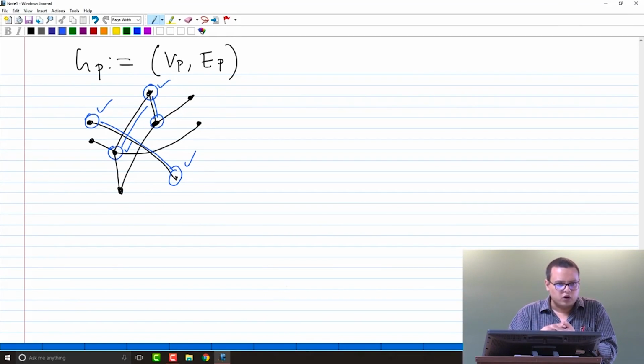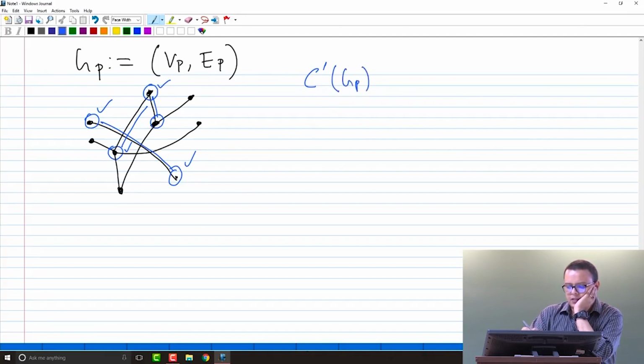So when will there be a crossing in GP? The 2 edges that are participating in the crossing, all of those 4 vertices are picked. Okay. So I am writing C prime of GP as the number of crossings that I have when I use the drawing of G. This is again not a fixed number, it is a random variable.